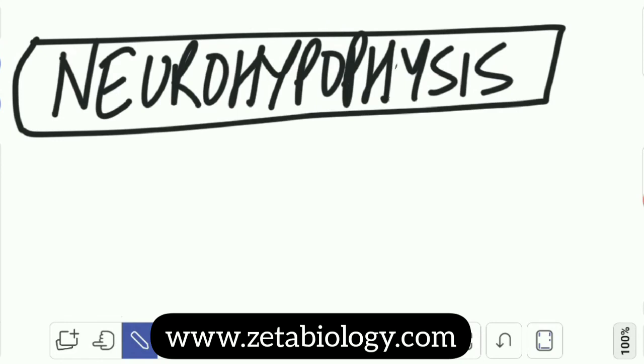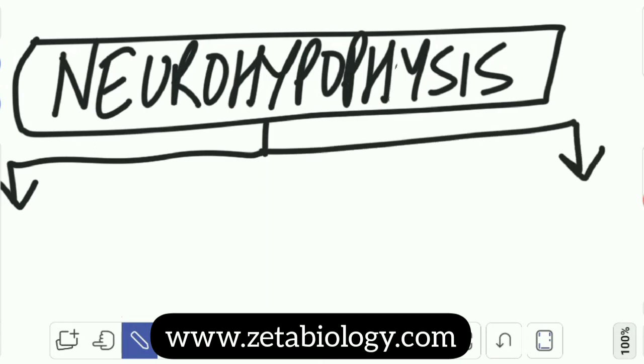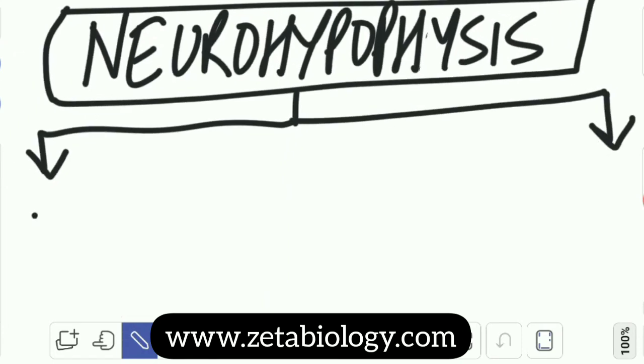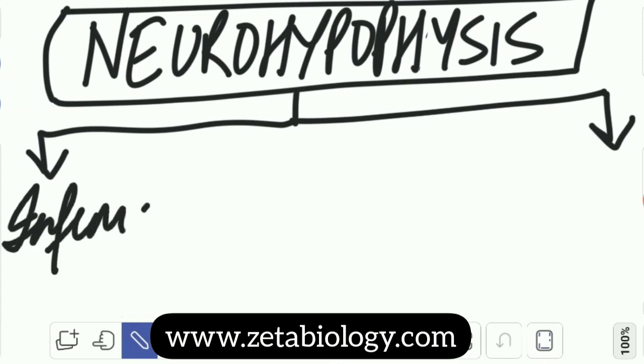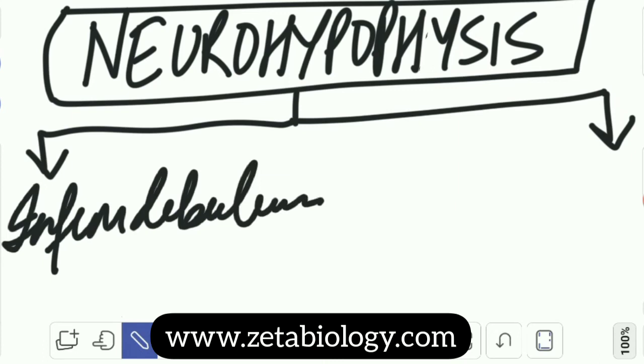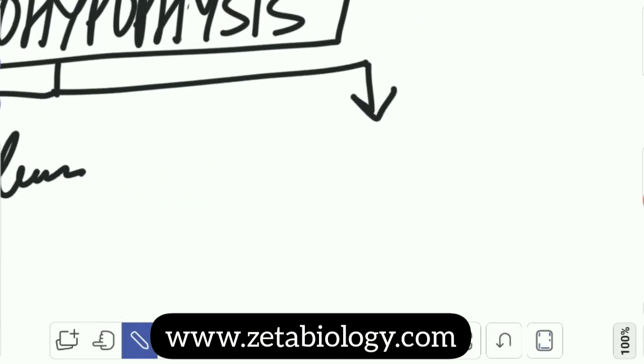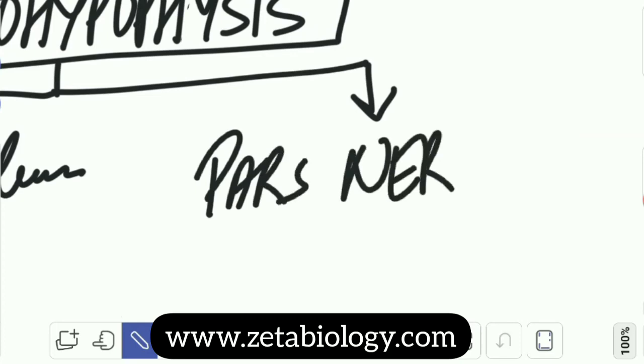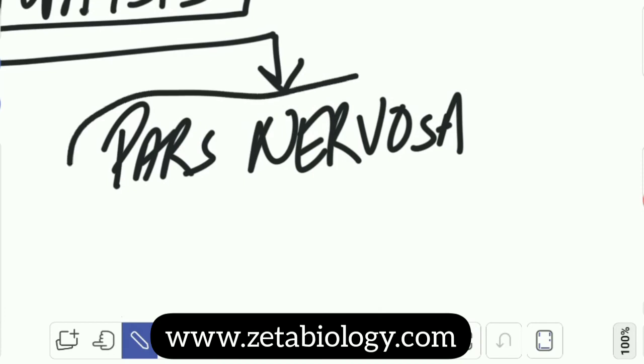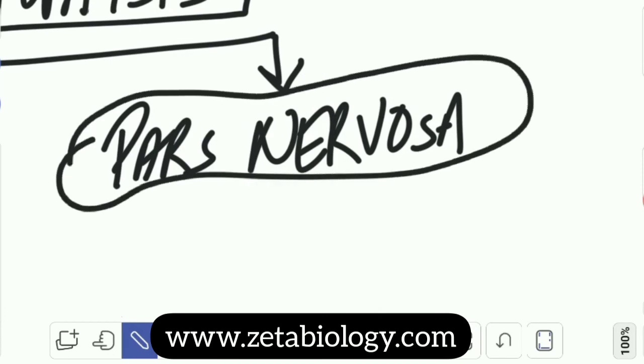So we just talked about adenohypophysis. Now let's talk about neurohypophysis. The neurohypophysis part of the pituitary consists of two portions. One is infundibulum, the other is pars nervosa. So pars nervosa is the posterior pituitary.